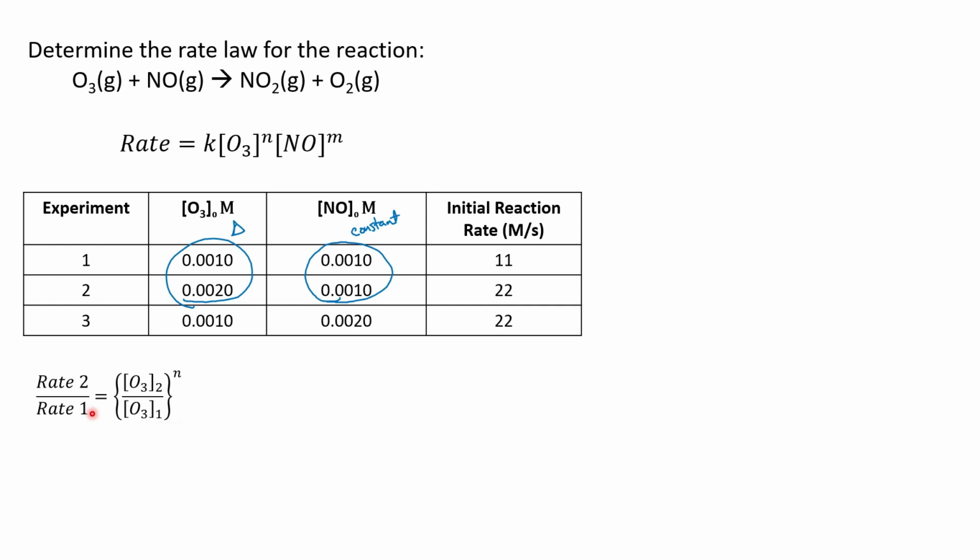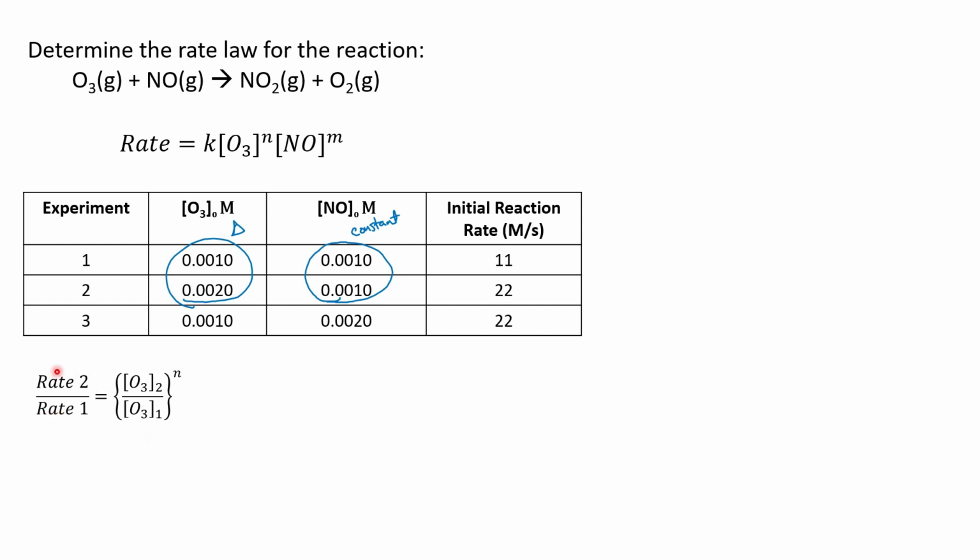So make sure you're labeling everything clearly and that you haven't flipped things. It's easy to set this up as rate 2 over rate 1, and then in the ozone, flip that 2 and 1. You don't want to do that. You need to make sure everything is consistent. Otherwise, you'll get some really odd numbers.